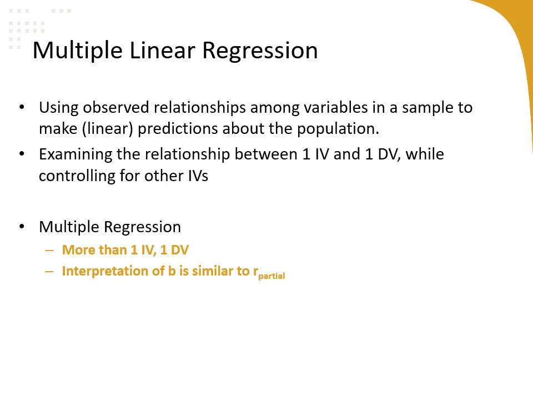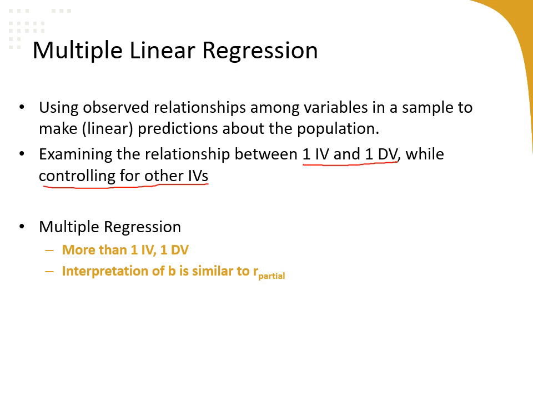That is a practical application of multiple linear regression, but a more researchy application is to look at the relationship between one independent variable and one dependent variable, while also controlling for other independent variables. So you can simultaneously examine multiple independent variables at once to see how they together impact a dependent variable.